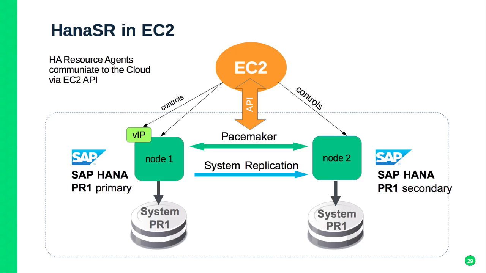And this is why we need 2 special agents, and these agents are available for production use since SLES 12 SP1. We have quite a number of customers who use this technology. And besides these 2 AWS-specific agents, you can do whatever you want to do with your SUSE cluster. All the other technologies are completely transparent to be used.